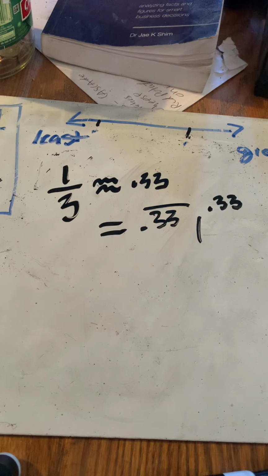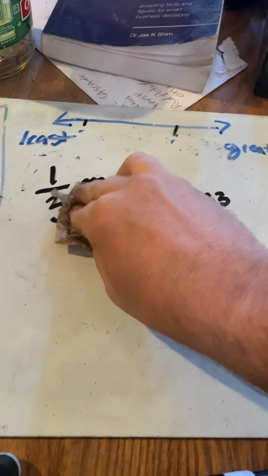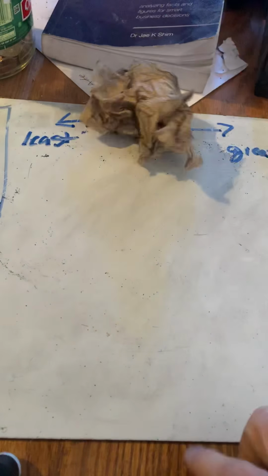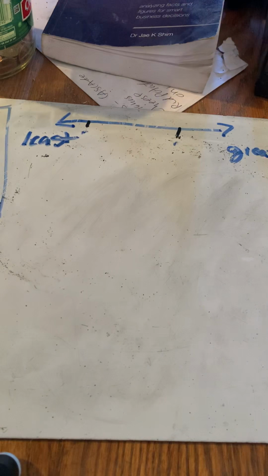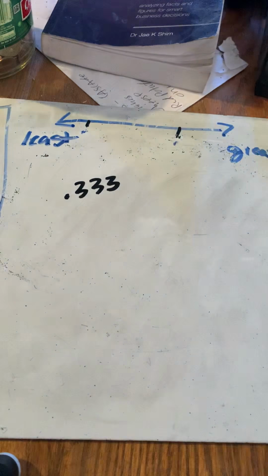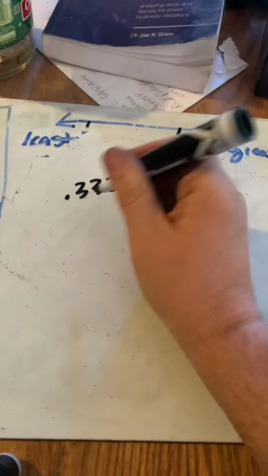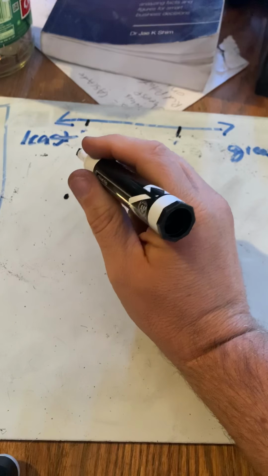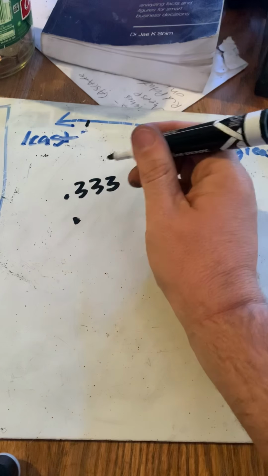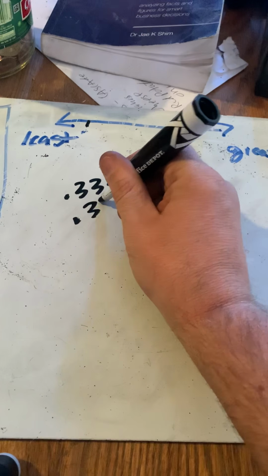So which one's bigger? Well, just imagine that we were trying to subtract one from the other. If you had 0.333, because we know that 0.333 would be a good approximation of the repeating decimal, in comparison to 0.33.